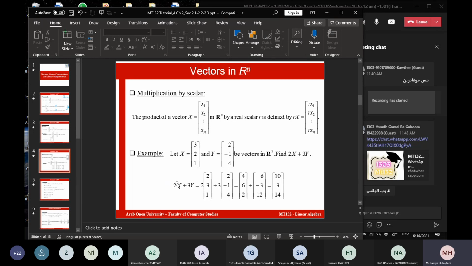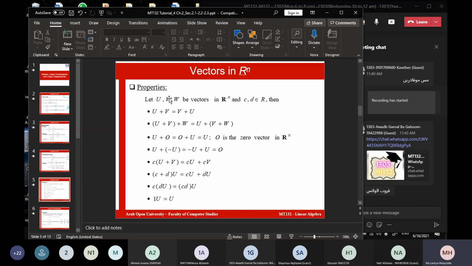So this is the vector 2x plus 3y, same as we did in matrices, and here it's only one column, so operations are easier. All the other rules for matrices also hold for vectors. Addition of matrices was commutative, so adding this to this is the same as adding this to that.